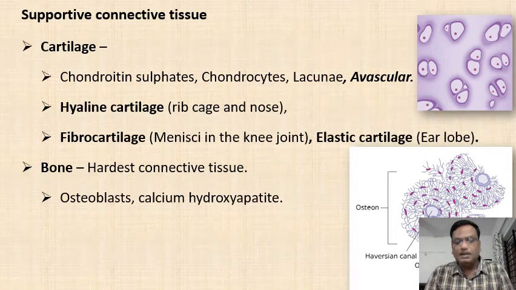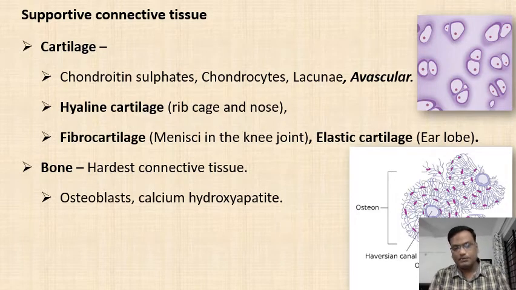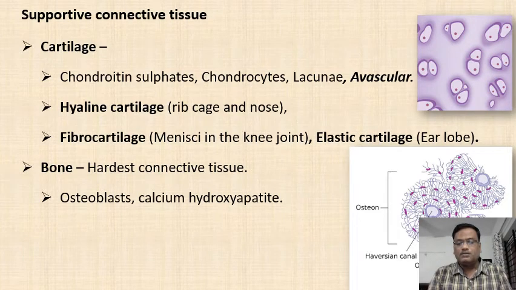Now, cartilage, of course, is a connective tissue which consists of matrix, cells, and fibers. And the matrix, the ground substance, consists of chondroitin sulfates. The typical cells which are found in cartilage tissue are chondrocytes. Actually, these chondrocytes are the ones which secrete these chondroitin sulfates.